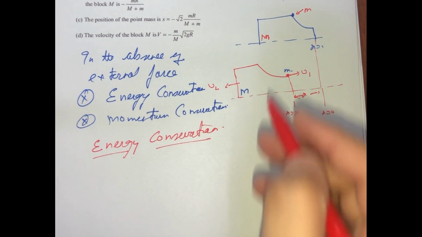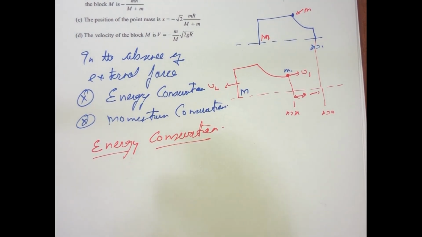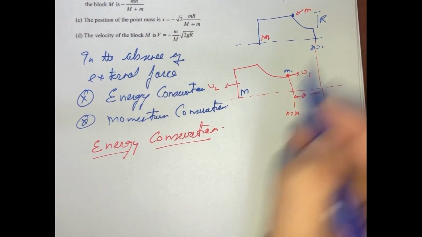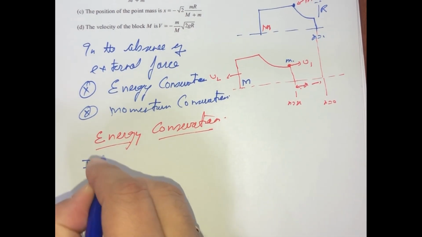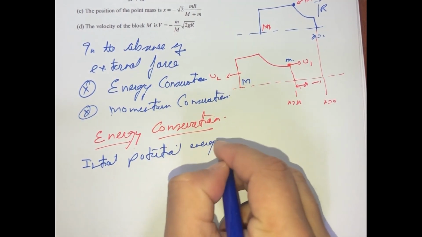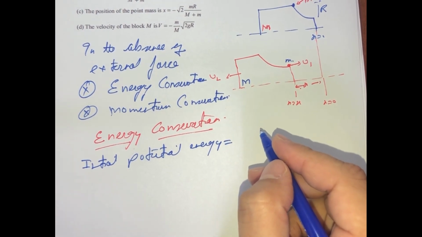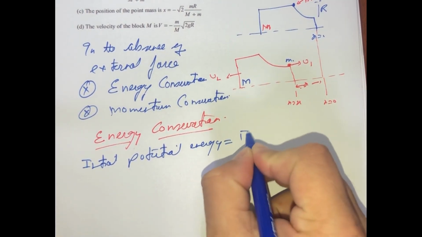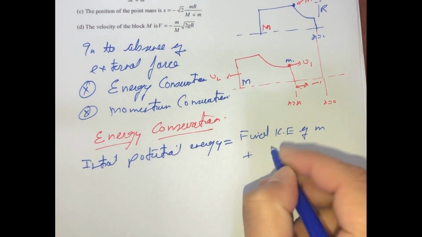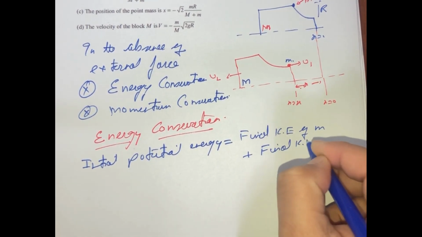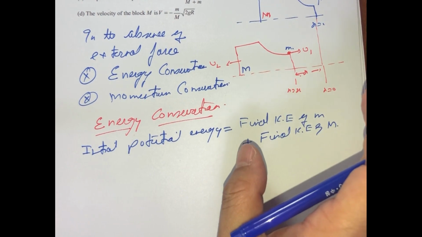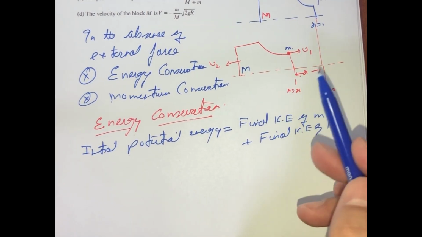So initial potential energy is, because this height is given as r, so we can say initial potential energy will be equal to the final kinetic energy of small m plus final kinetic energy of capital M. Now this block M is lying on the surface, so its initial potential energy will be equal to 0.